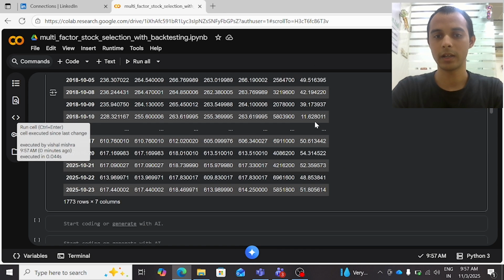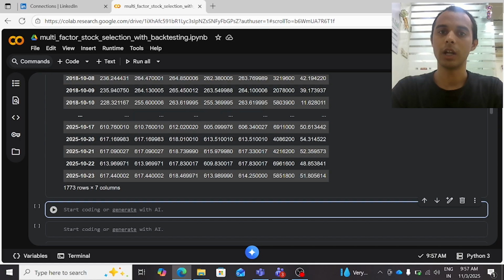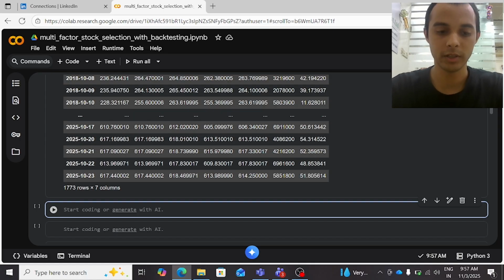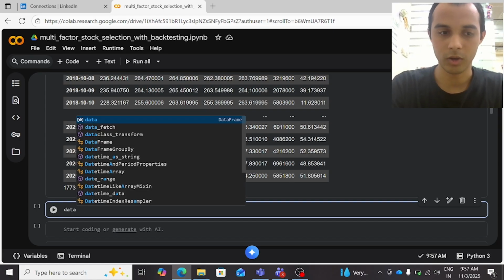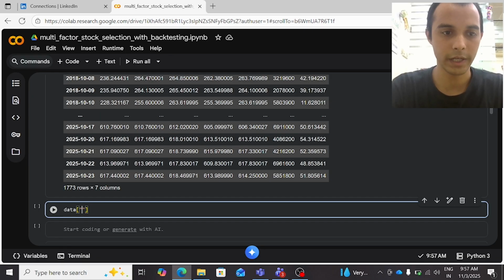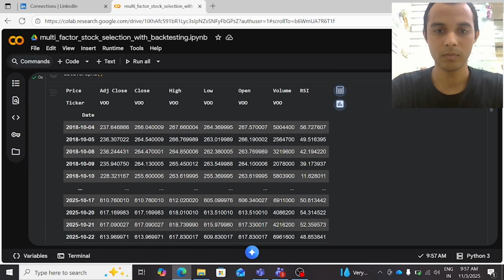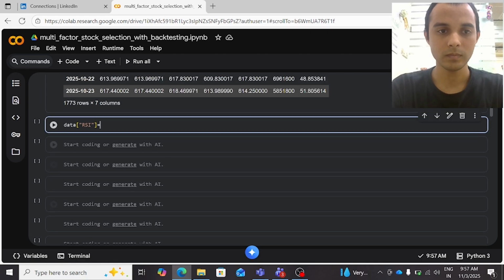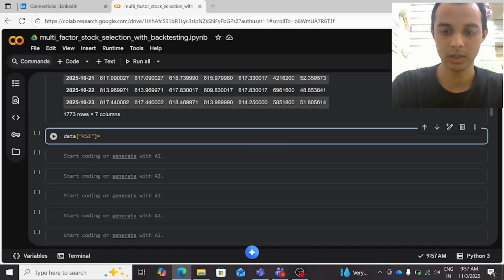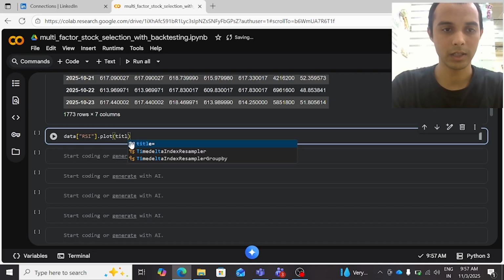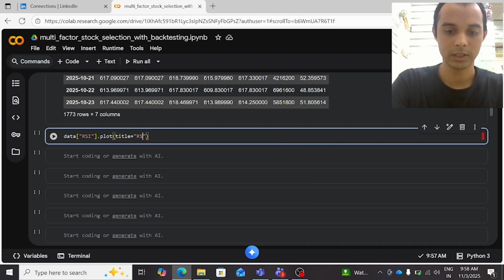Yes, you can see we get the RSI value, and now we will try to plot it for your convenience, so you all can see what exactly is happening in the data. Make sure to put the proper column name, RSI, and then it is dot plot, and give it a title, anything you want. For this, let's give it RSI of Vanguard.